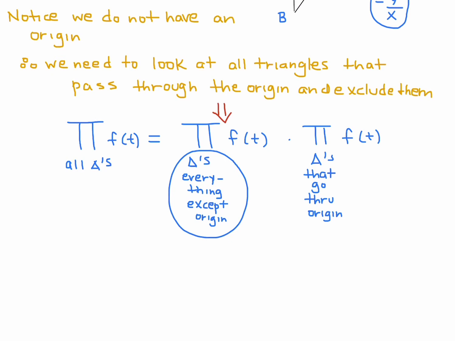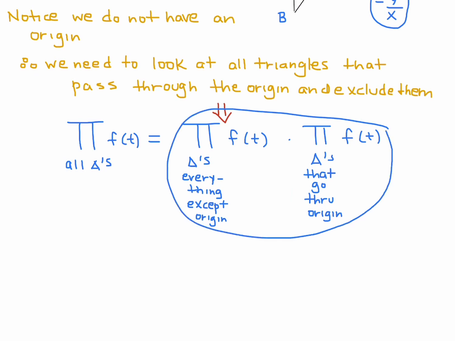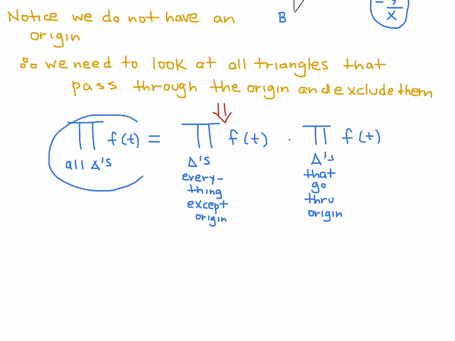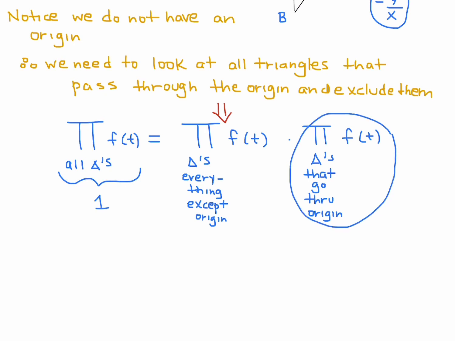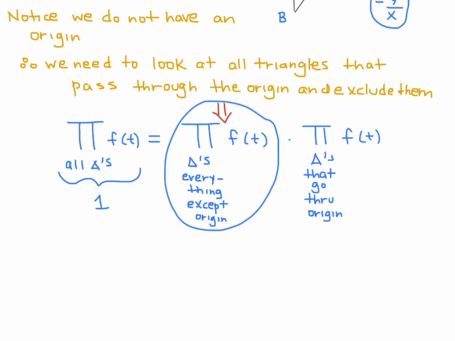This is the triangles that go through everything except the origin. These are the triangles that go through the origin. So this is a complete set. And because it's a complete set, it equals all the triangles. This is what they want you to figure out. This we know already is 1. So all I have to do is figure out this. If I do, I plug it into here, and I can solve for this.